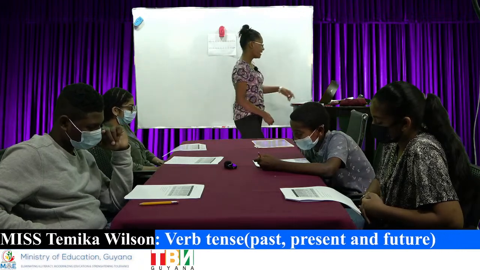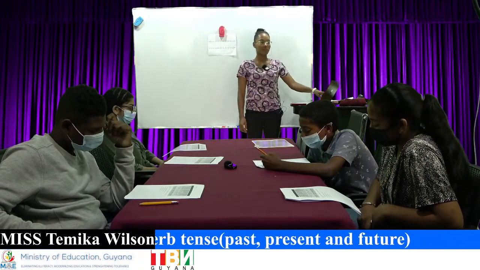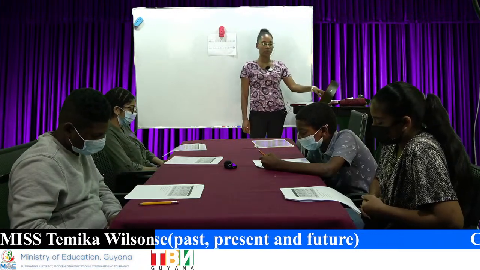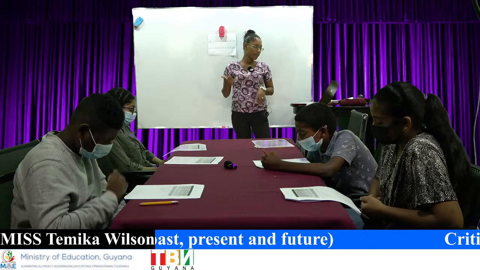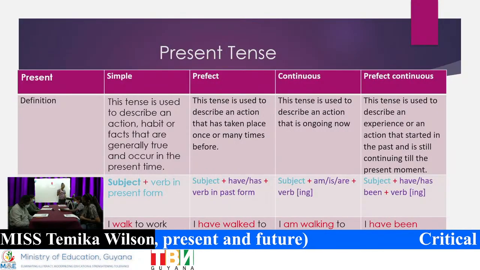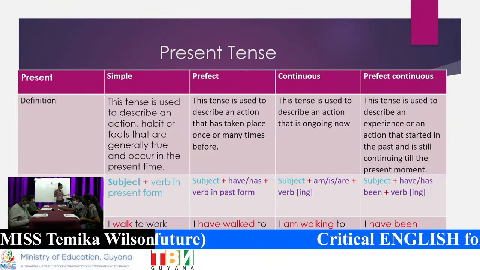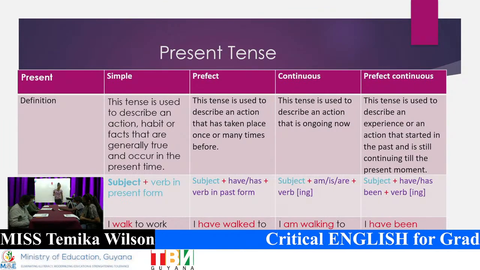Good. So, the structure of the present perfect tense would be the subject plus have or has, and that is dependent on whether the subject is singular or plural, and then plus verb in the past form.